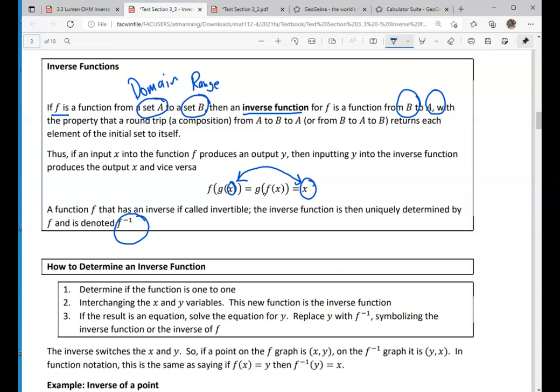And sadly, this is kind of confusing. When you see f^-1, it's not the same as 1 over f of x. That is f to the -1 power. That's not the same thing. I'd rather say f inverse. Keep that in mind. If you see f^-1, that means the inverse of the given function f.